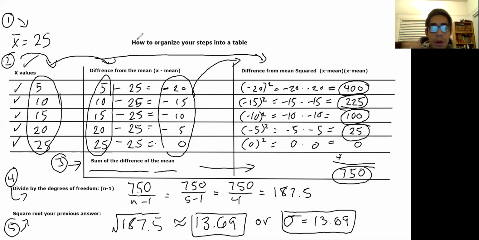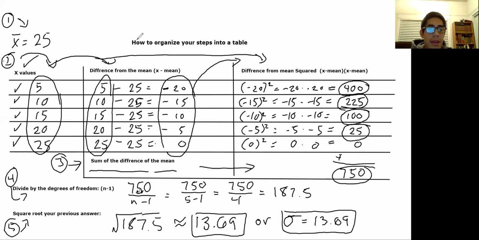Now I'm moving on to step 4: divide by the degrees of freedom. I took 750 and put it into a fraction, and I divided it by n minus 1. We've established that n is just the number of numbers in my data set, and there were only 5 numbers.